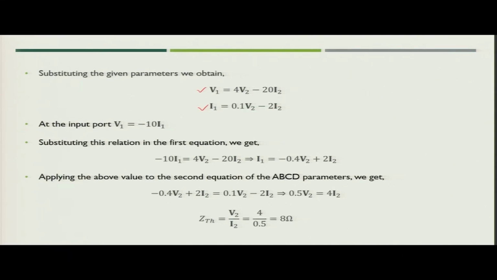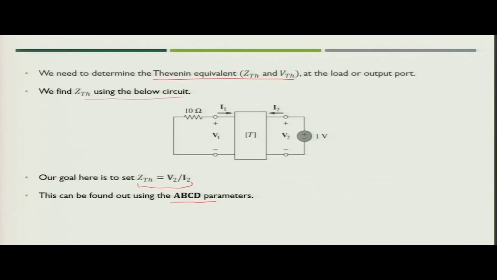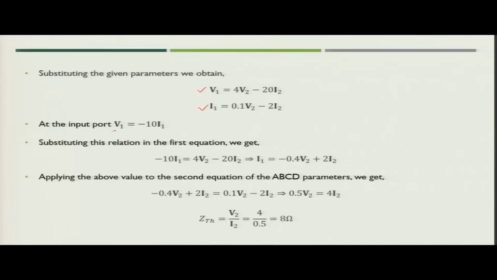Now, if you see at the input port, V1 is equal to minus 10 I1, because the direction of I1 is opposite. So, we get this from the input port.